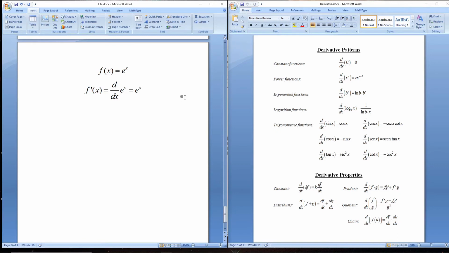Remember, the derivative of a constant is always a constant, including 0. The derivative of 0 is 0. And the only other function whose derivative is itself is e to the x. Another reason why e is a special number, its derivative is itself.